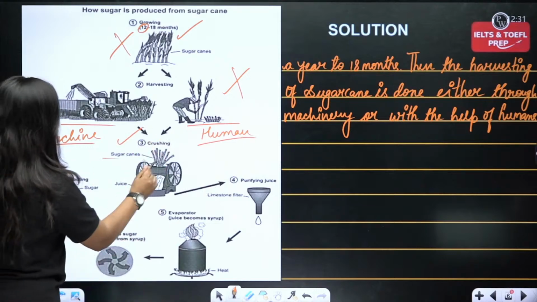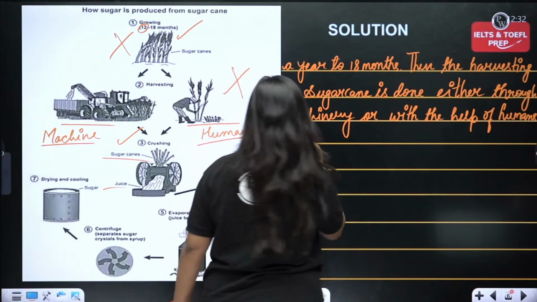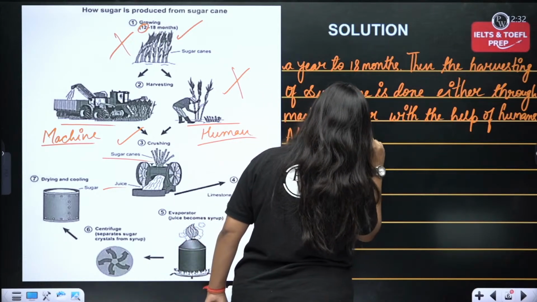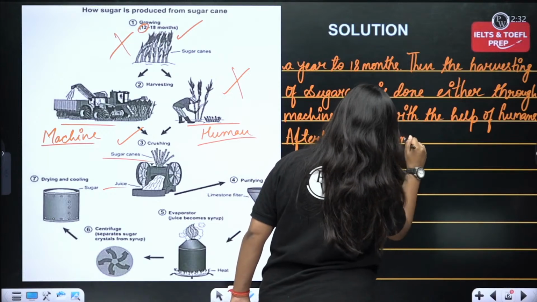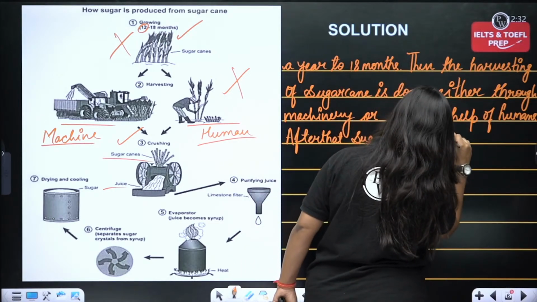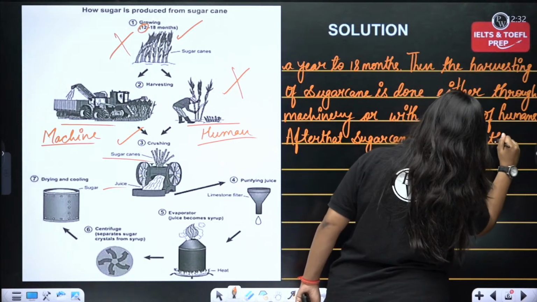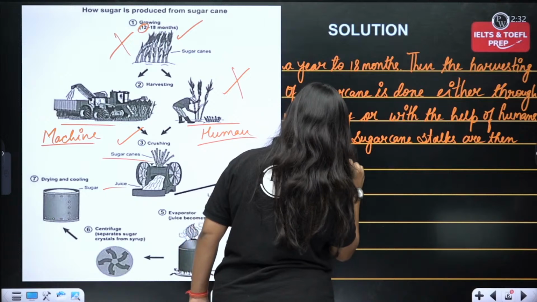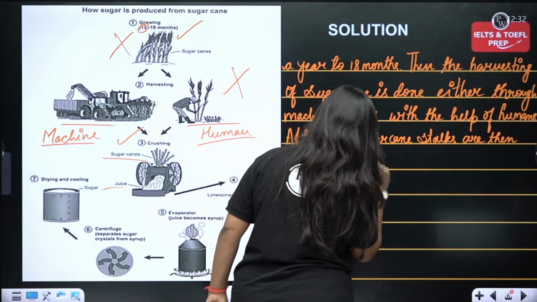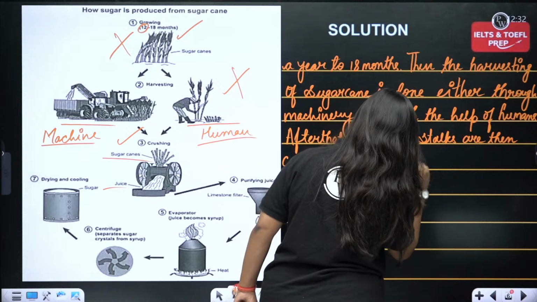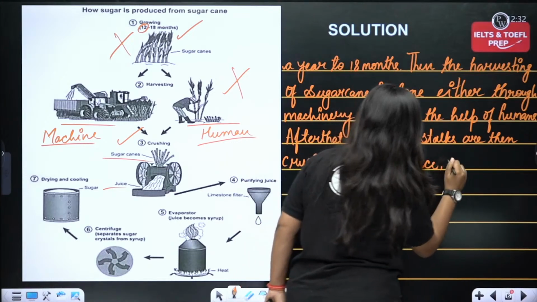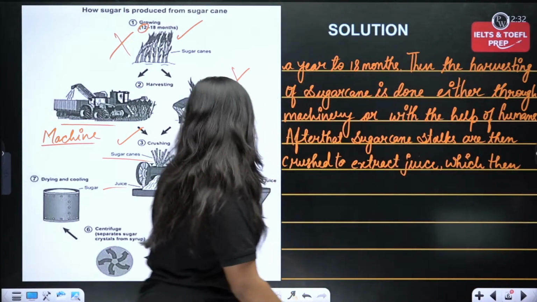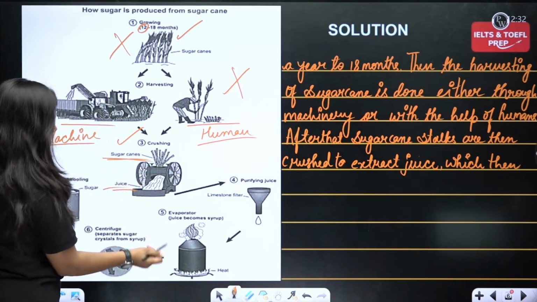Third, crushing of what? Sugar cane to juice. Then it's been crushed to take out the juice. Then what happens? This is the third step.